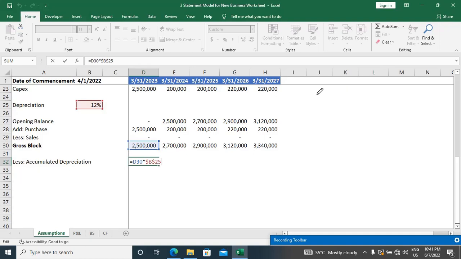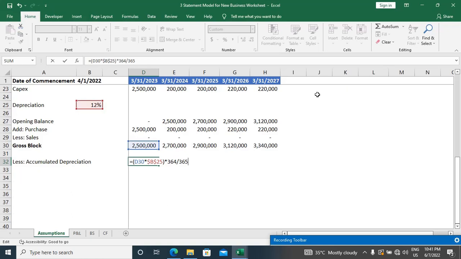So what should we do? This is the accumulated depreciation for the entire year. So what we can do is put it in a bracket, and multiply it by 364 divided by 365.